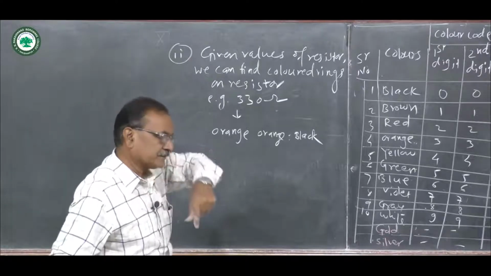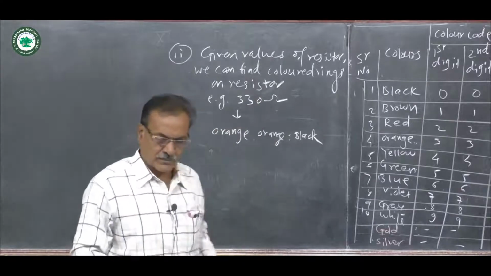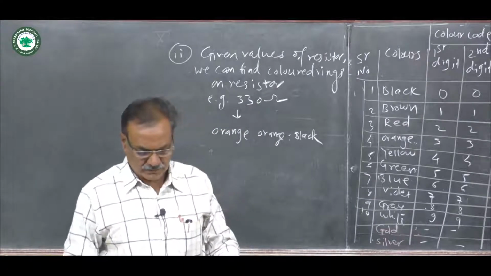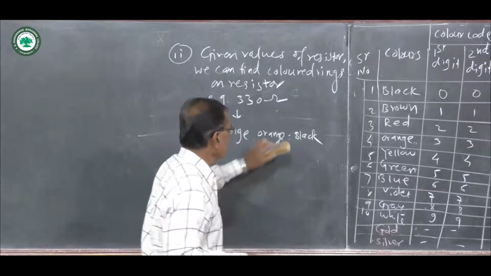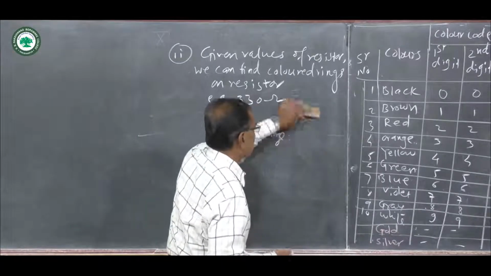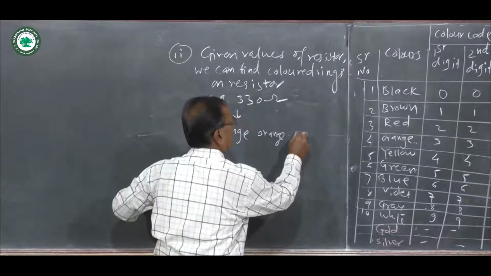That is 10 raised to 1, which means multiplier brown.